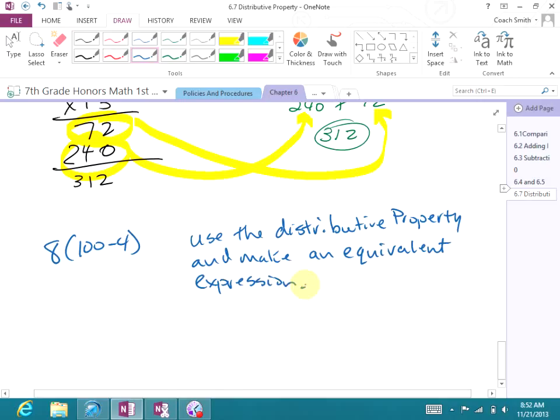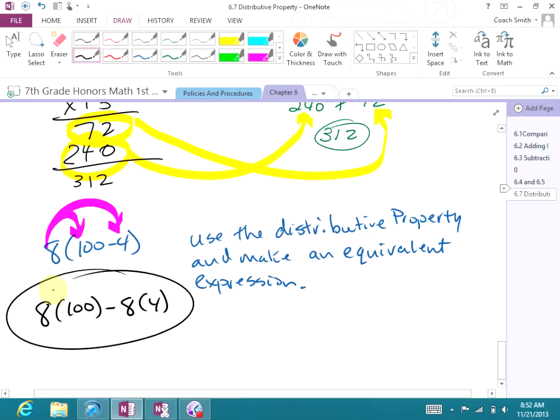Okay? Well, all they want you to do is this. They want you to take and distribute the 8 to both things and get 8 times 100 minus 8 times 4. And that's your answer.